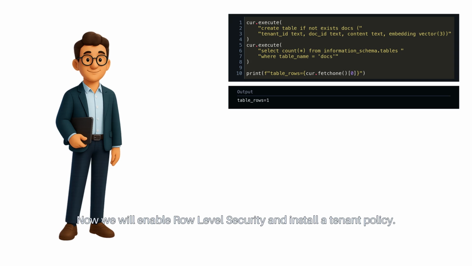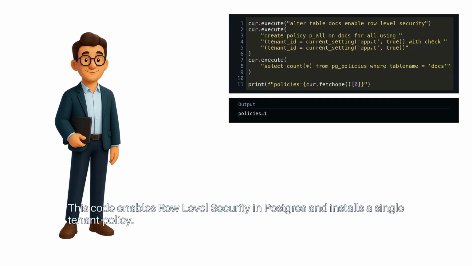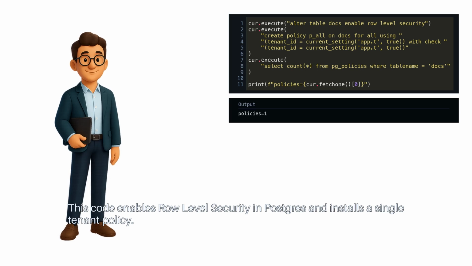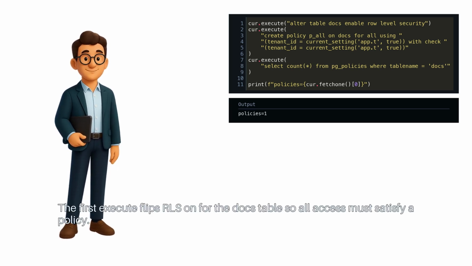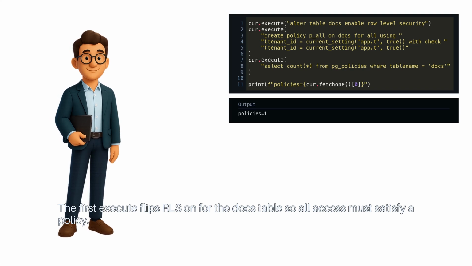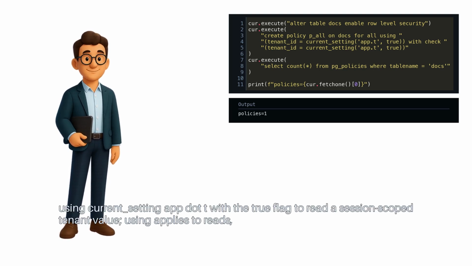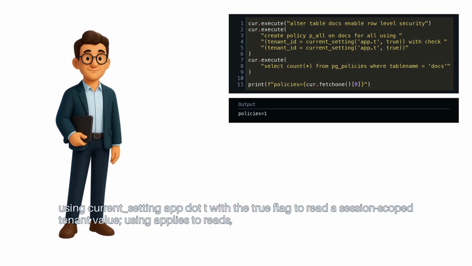Now we will enable row-level security and install a tenant policy. This code enables row-level security in Postgres and installs a single tenant policy. The first execute flips RLS on for the docs table, so all access must satisfy a policy. The create policy statement defines p-all for all commands, using current_setting app.t with the true flag to read a session-scoped tenant value.